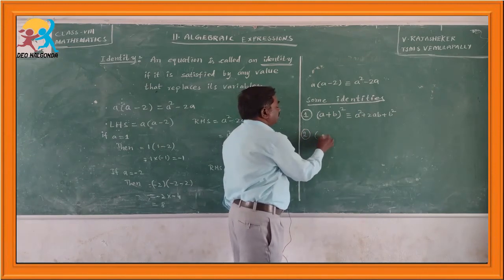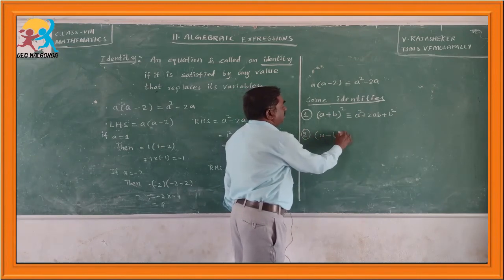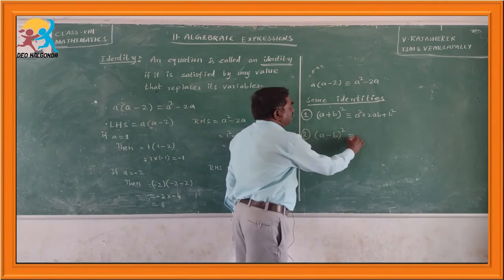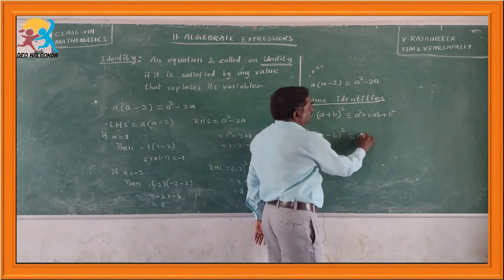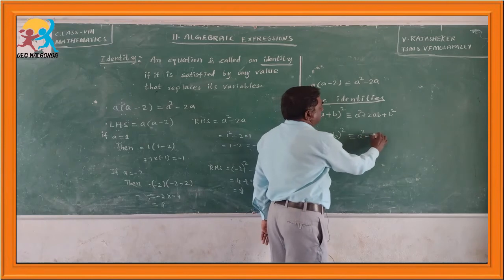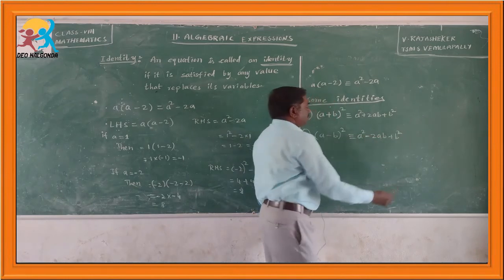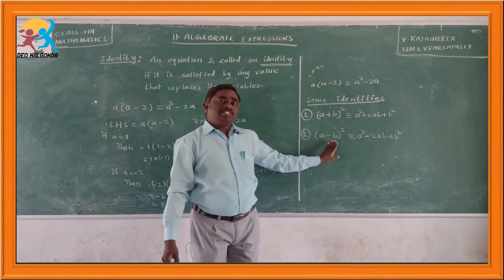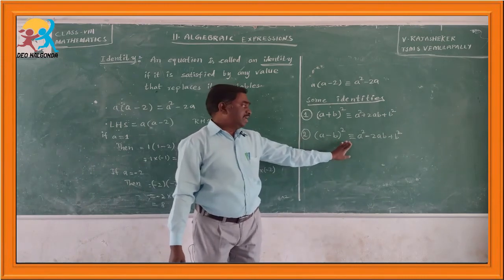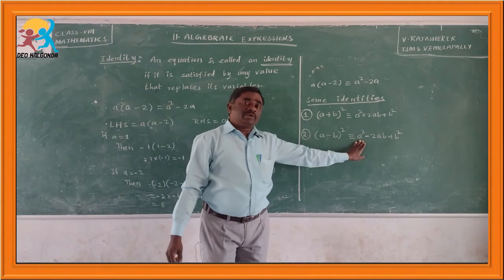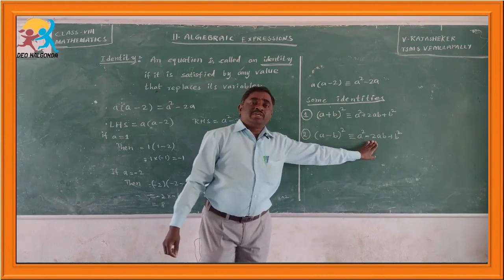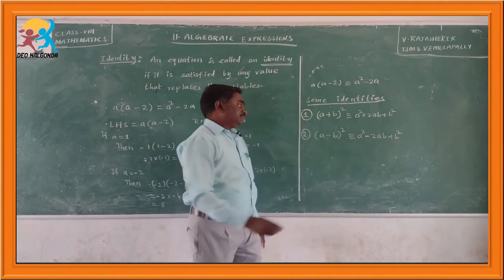Second one, a minus b whole square is identically equal to a square minus 2ab plus b square.